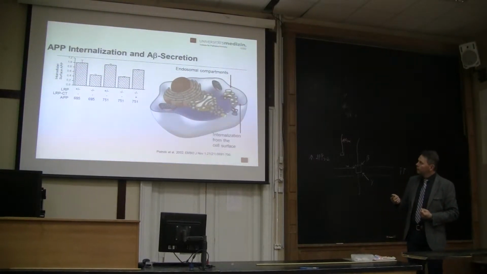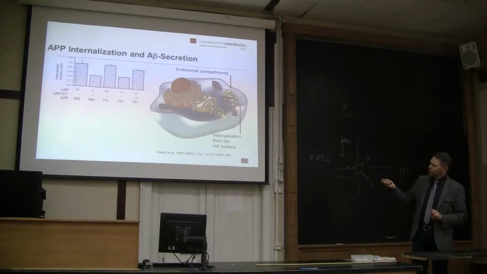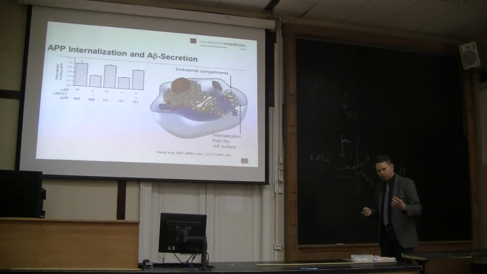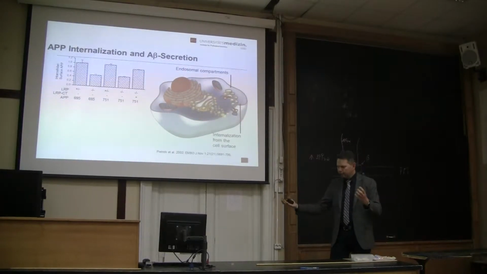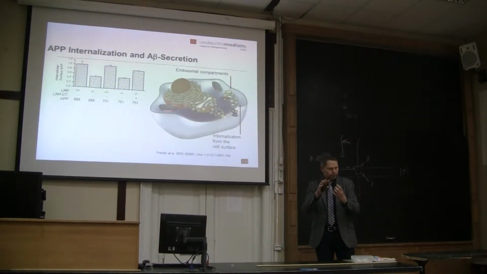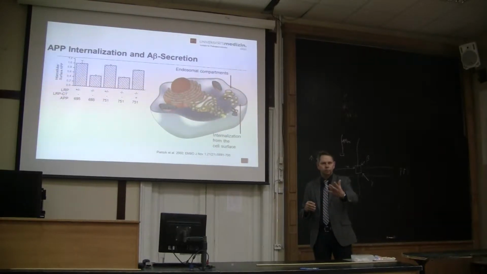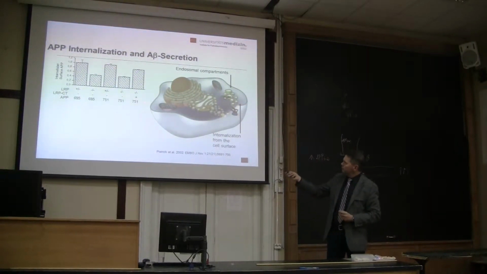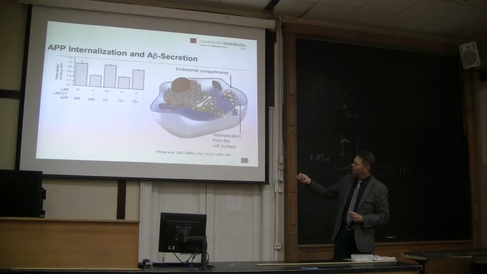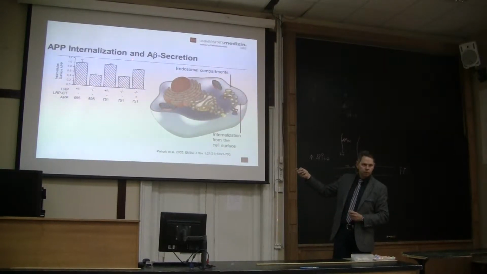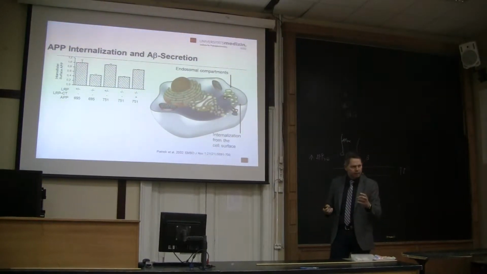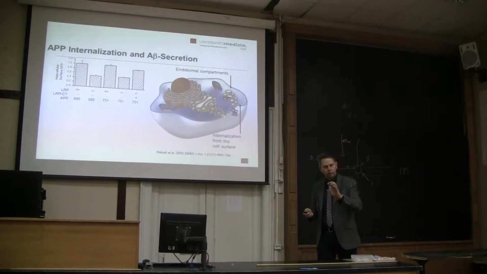Therefore, we try to rescue this in one experiment. Rescuing means when you have a knockout, you bring back the actual gene, so LRP back, and then the normal phenotype should be restored. We did that here. We brought back a part of LRP and APPS secretion goes back up. So that was a clear indication LRP had an effect on the internalization of APP.